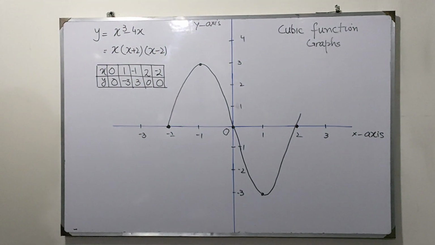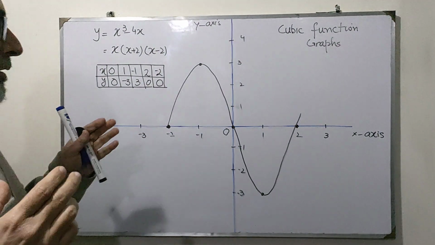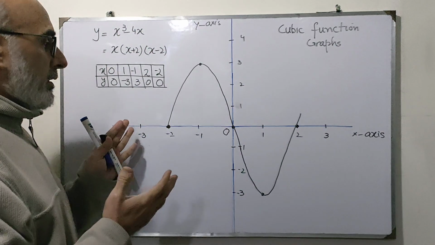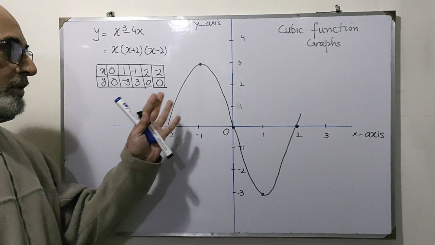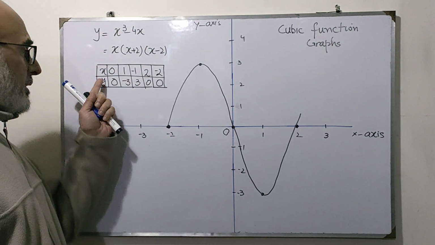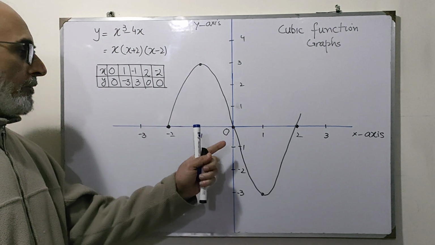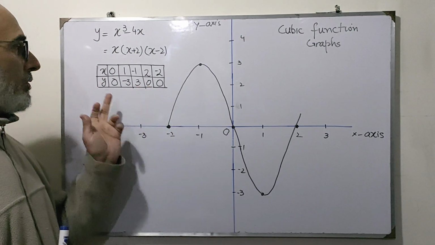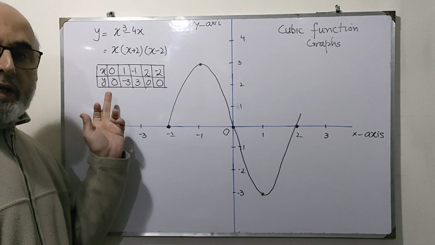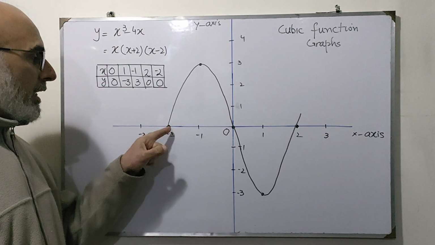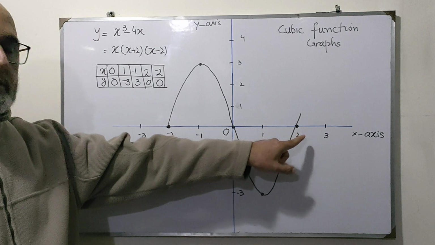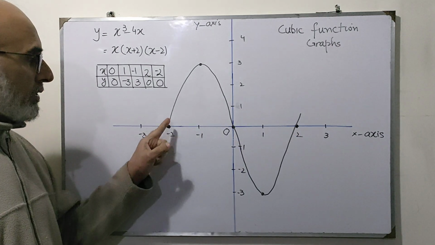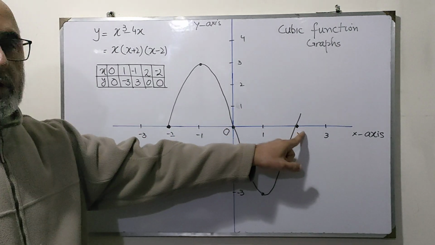After joining, this is the graph we are going to get, and from this table and from this graph it is evident that whenever we have 0 value for y, it means that the graph is going to intersect the axis at minus 2, 0, 0, 0, and 2, 0.